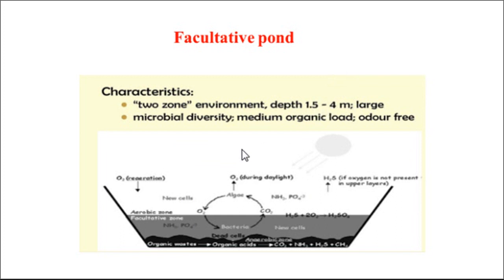The microbial diversity means different types of microorganisms are present in the top layer and different types of microorganisms are present in the bottom layer. Medium organic loading is applied to these facultative ponds, and the treated sewage is odor free. Next slide.